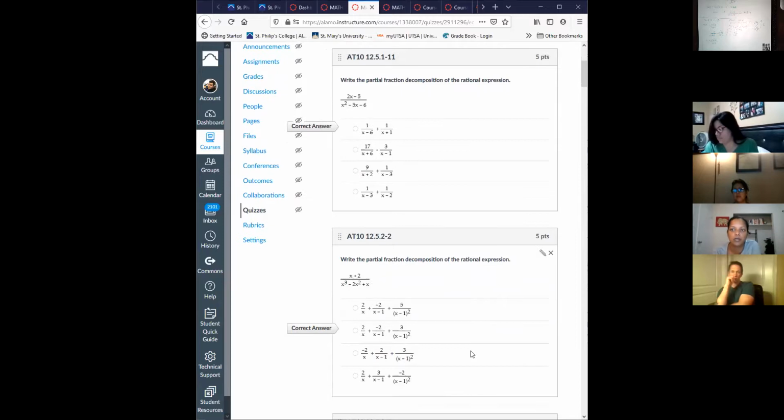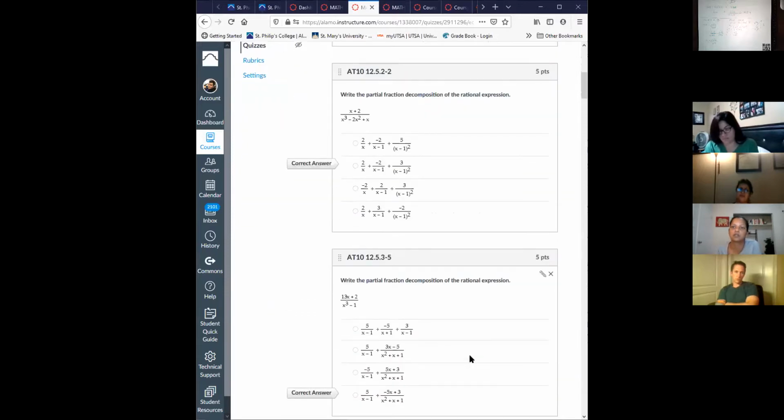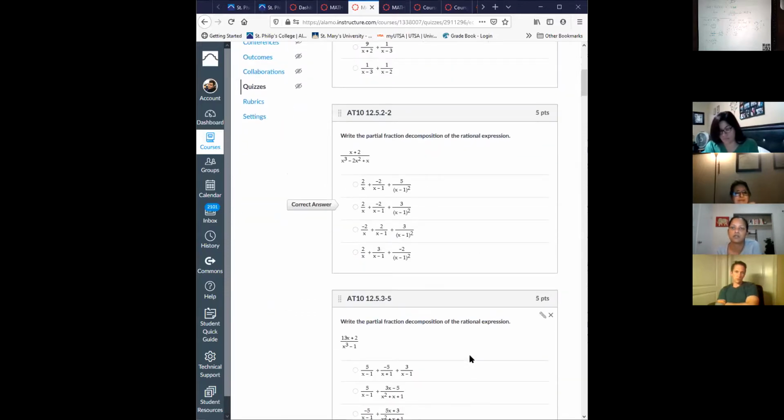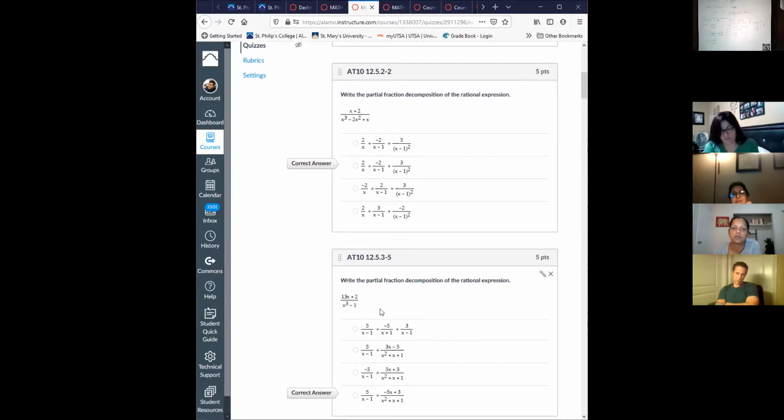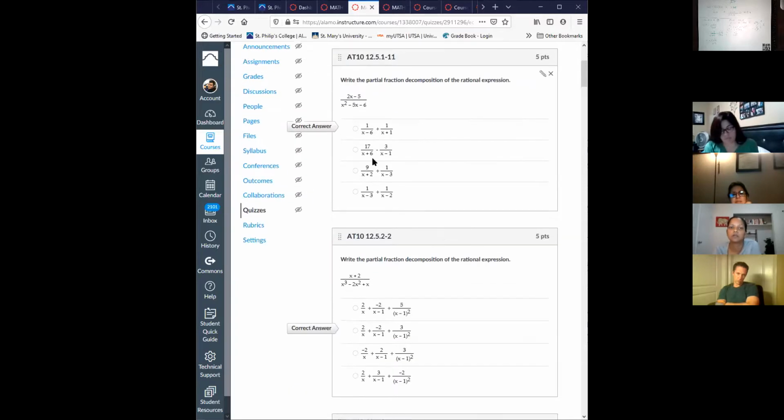Or just focus on these? I mean, you should know how to do all of them. I don't know if I'll have anything different, because this one does repeated and distinct at the same time. This does the non-reducible. So this is like case 1, 2, and 3 all in one right here. Okay. This is case 1.